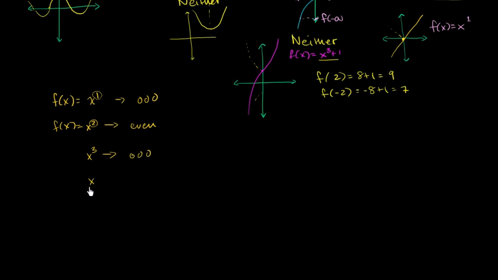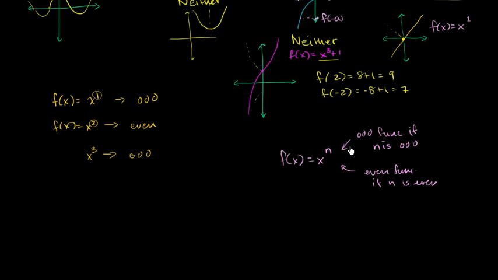Let me write it this way. In general, if you have f of x is equal to x to the n, then this is an odd function if n is an odd number, and this is an even function if n is even.